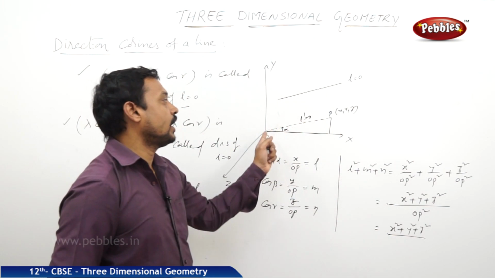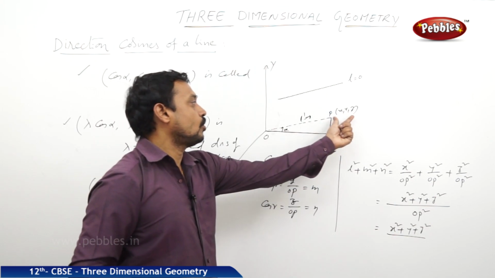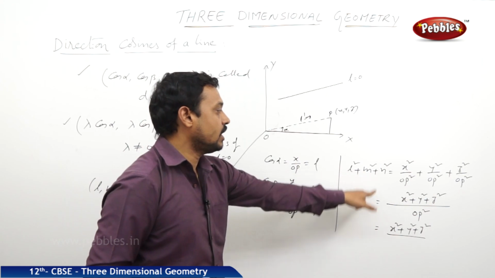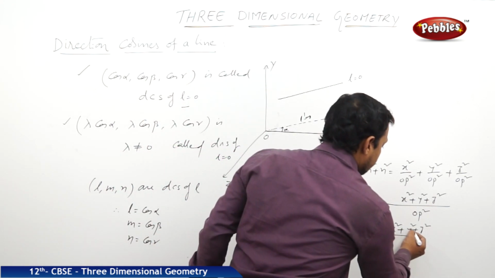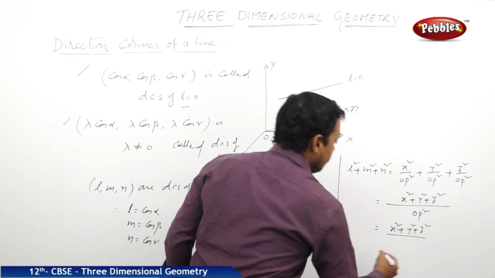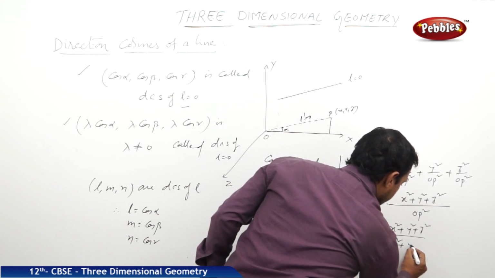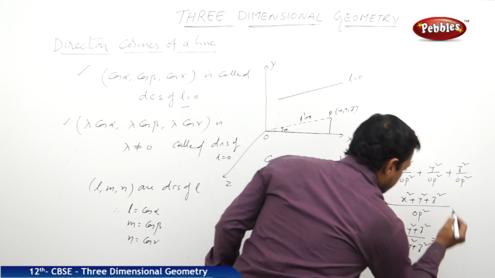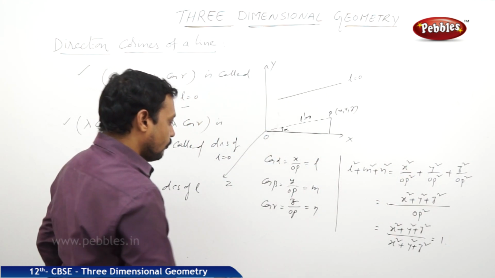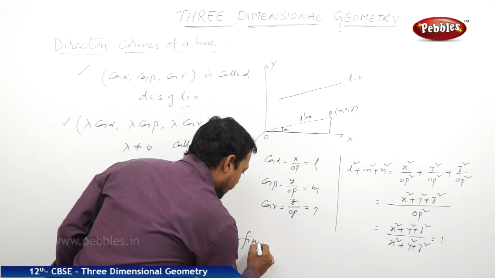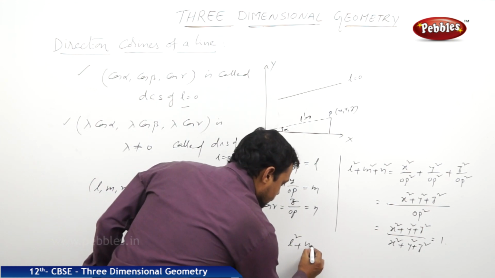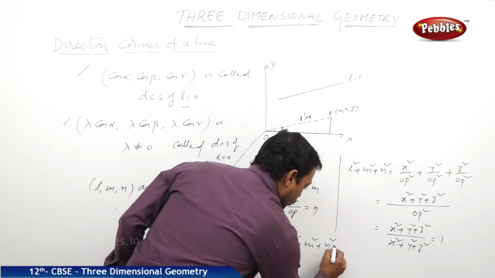Then l square plus m square plus n square is equal to x square plus y square plus z square by x square plus y square plus z square. Here both get cancelled and it is equal to 1. So finally we can conclude that l square plus m square plus n square is equal to 1.